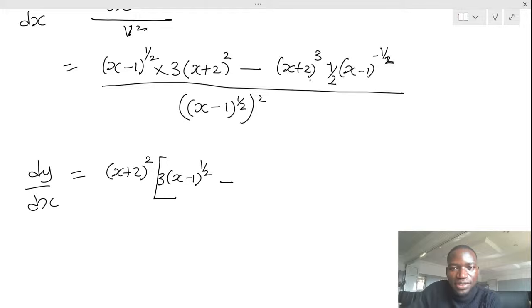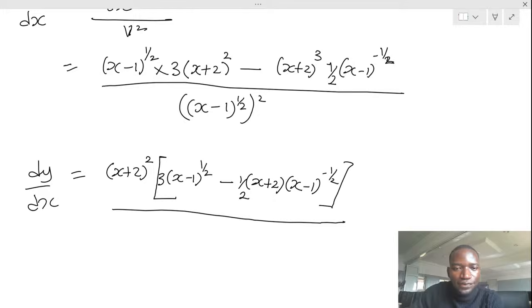Then minus, if you take out x plus 2 all squared here, you're going to be left with x plus 2, times half, times x minus 1 to the power of negative half. Everything over x minus 1 squared. Now, the 2 here can divide this one, so we are left with just x minus 1.